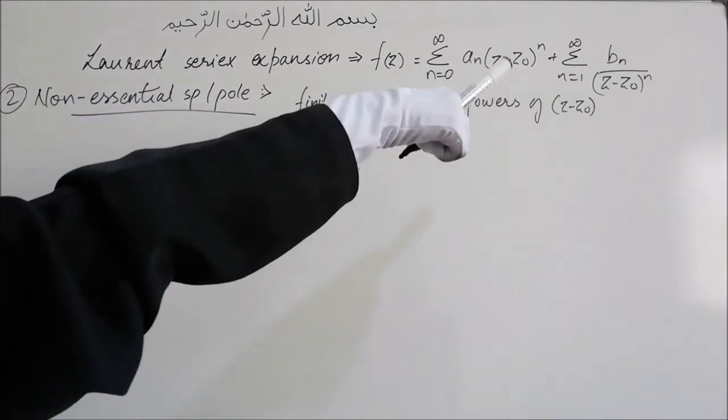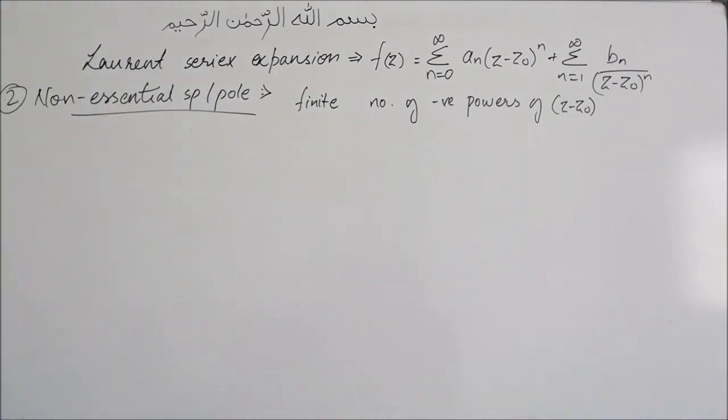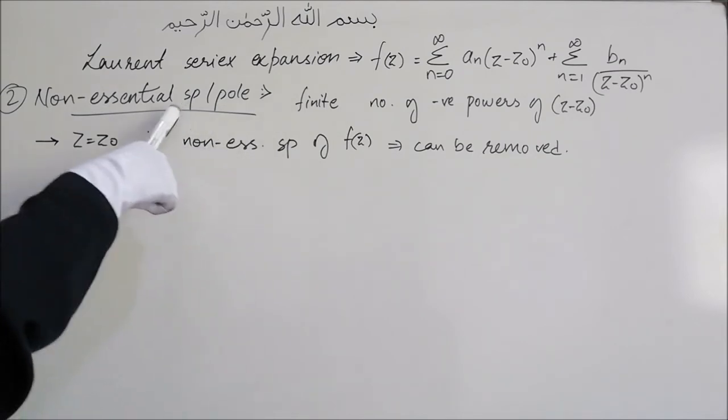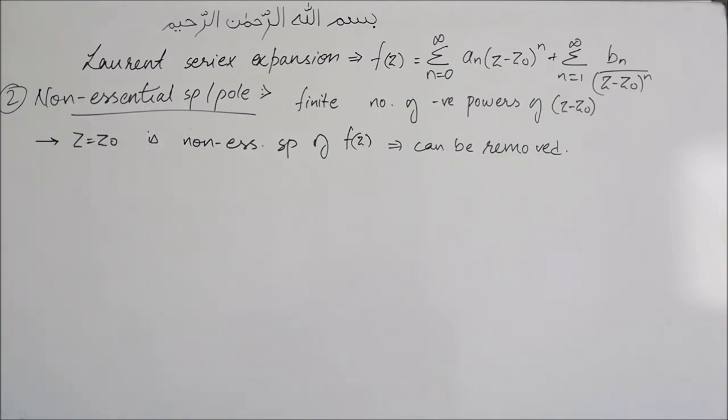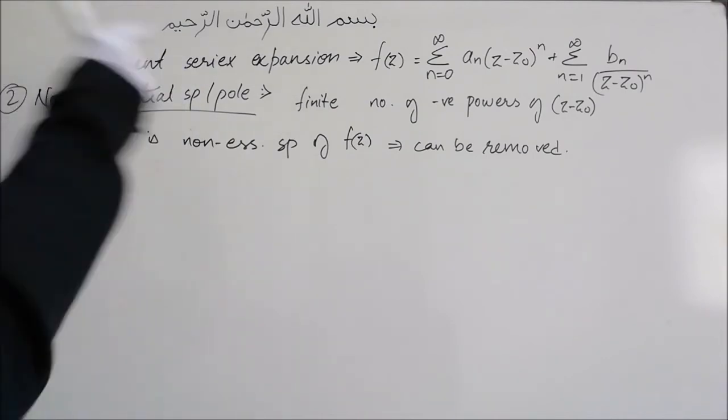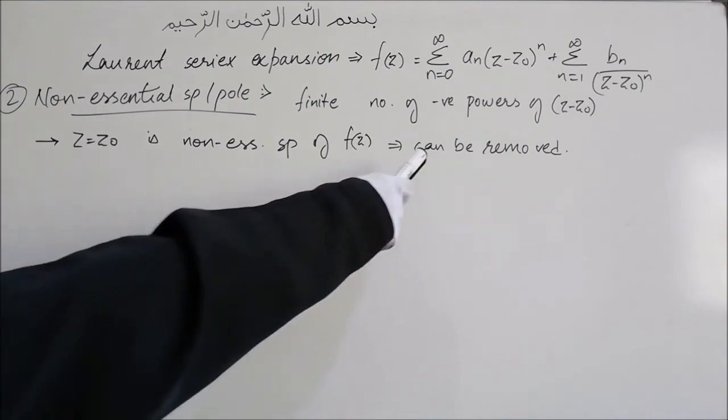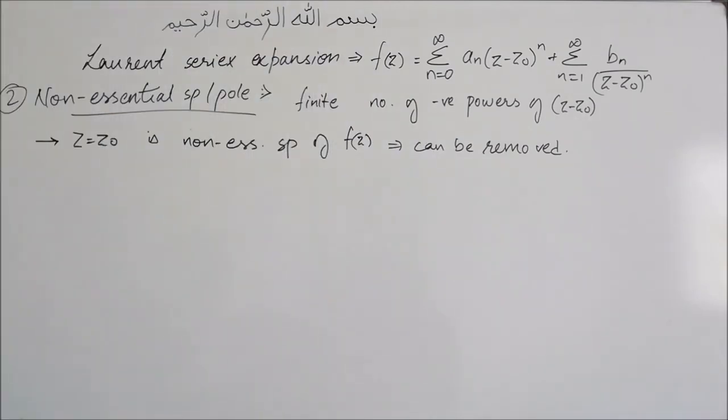If the principal part of the Laurent series expansion contains finite number of negative powers of z minus z naught, then z equals to z naught is a non-essential singular point. If z equals to z naught is a non-essential singular point of the function f of z, then the negative powers of z minus z naught which are present in the Laurent series expansion can be removed by multiplying with some positive power of z minus z naught.